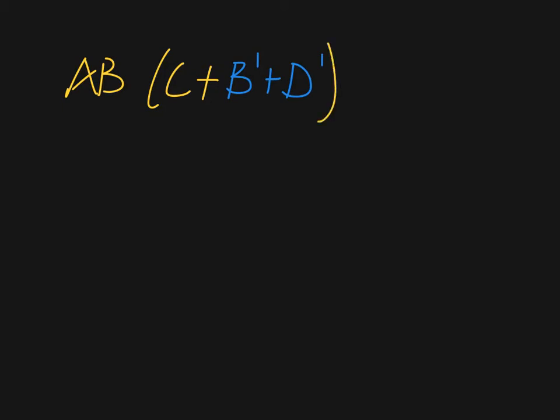So AB remains the same, C remains the same. Let's change the color of the pen. From opening up using De Morgan's, the (BD)' turns into that.